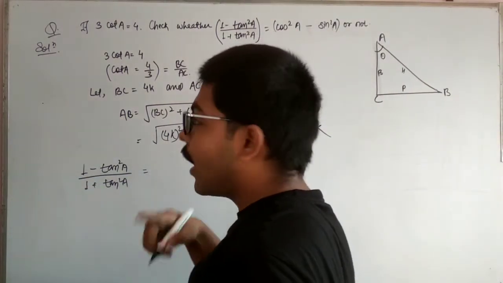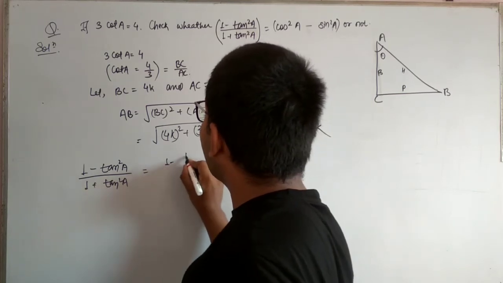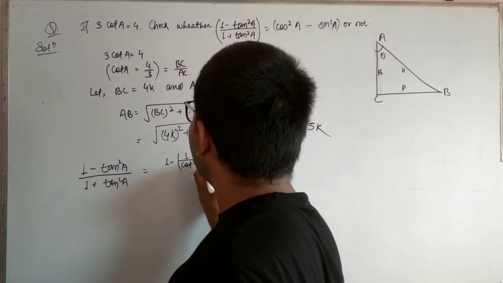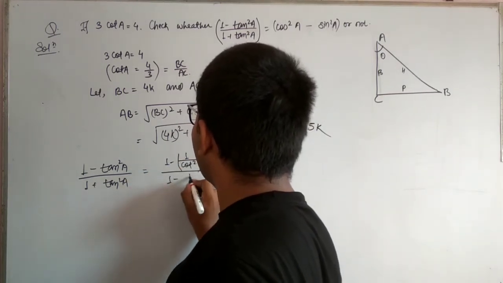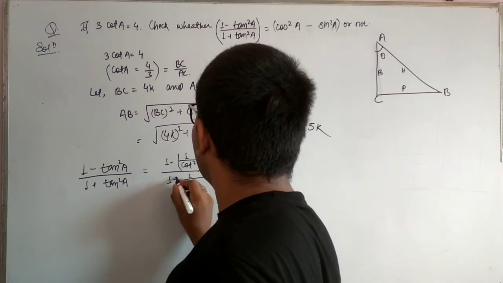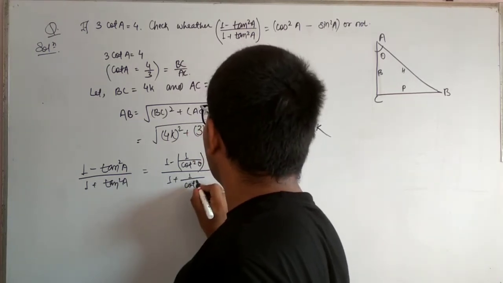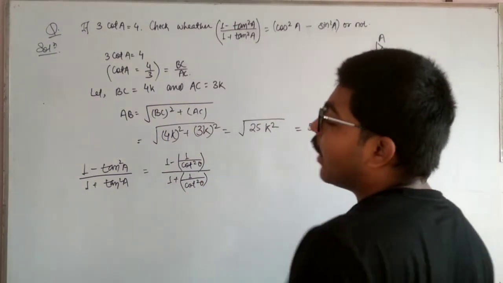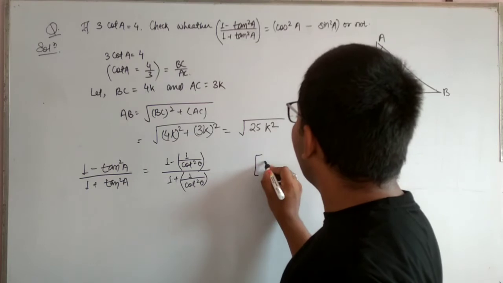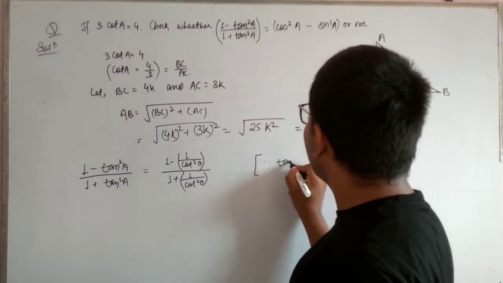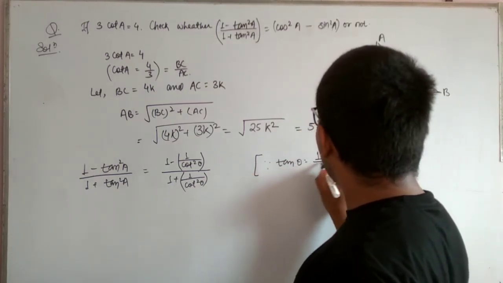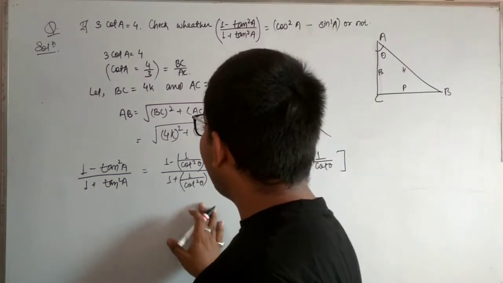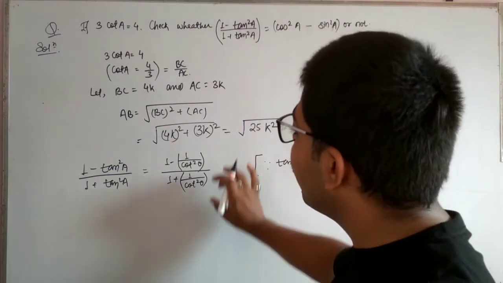Using that, we get 1 minus 1 upon cot square theta upon 1 plus 1 upon cot square theta, since 1 upon cot square theta is tan square theta. Now we take the LCM and solve both.